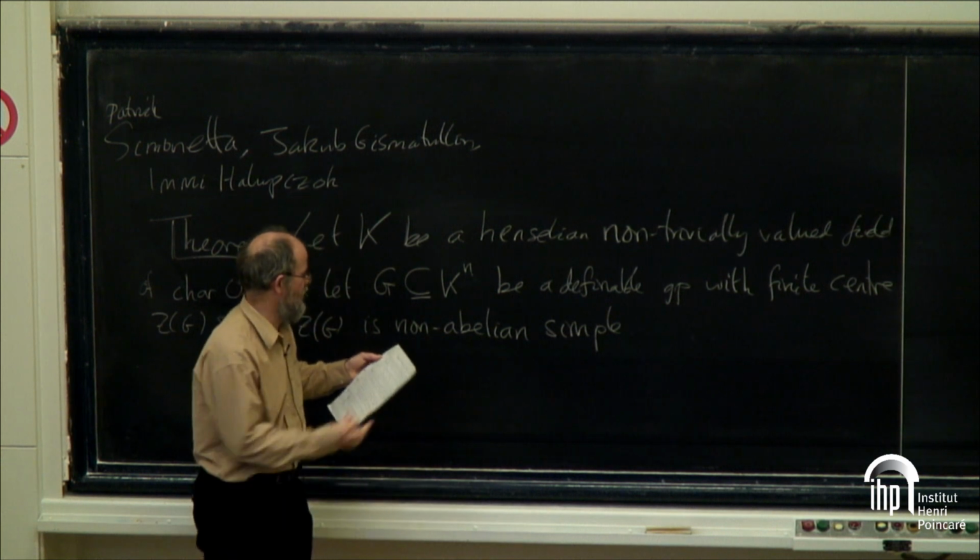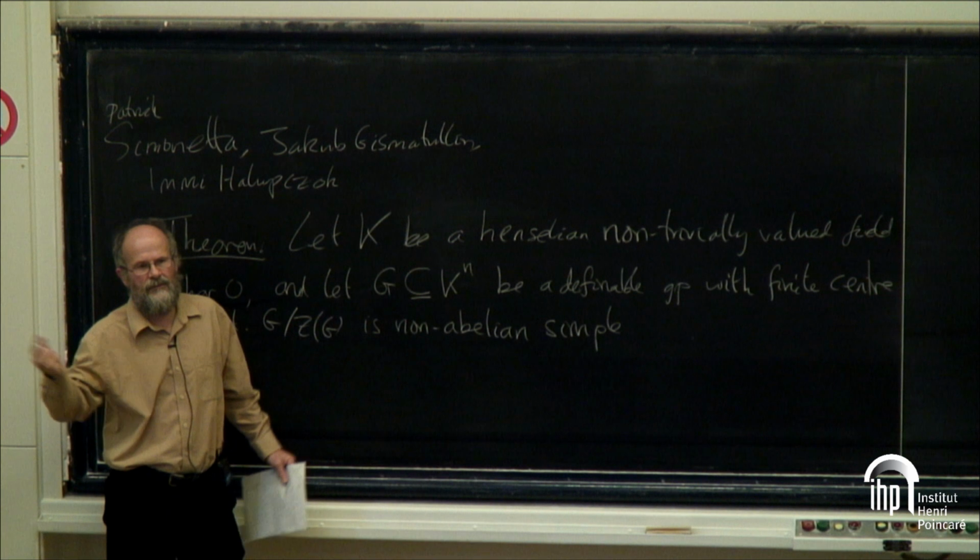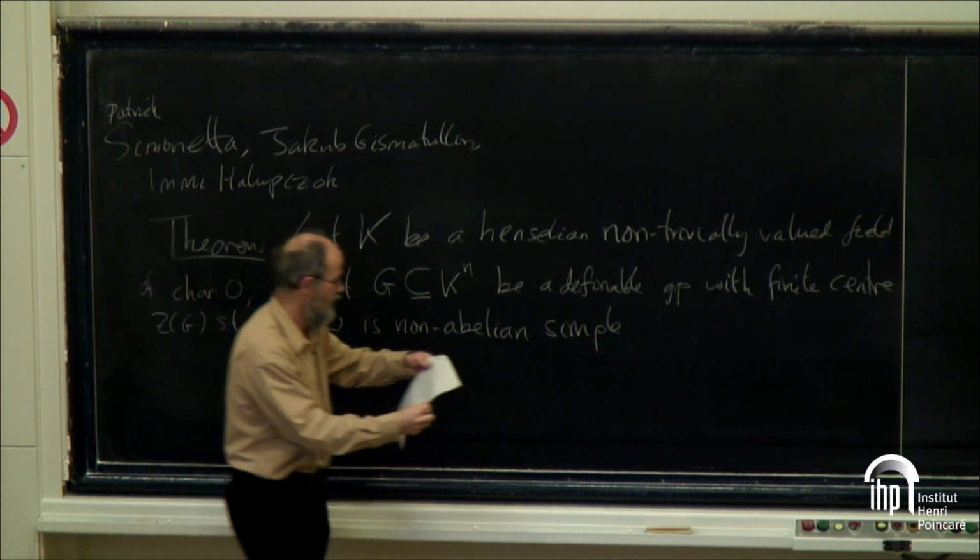So the conclusion is that G is definably isomorphic to something which is very much like an algebraic group.